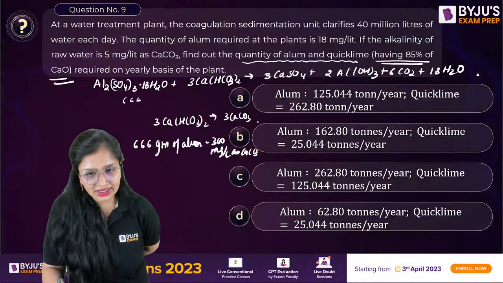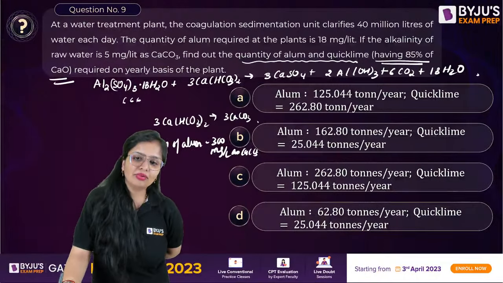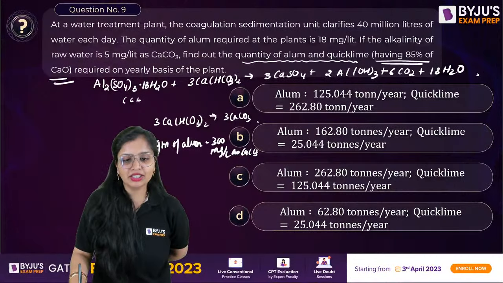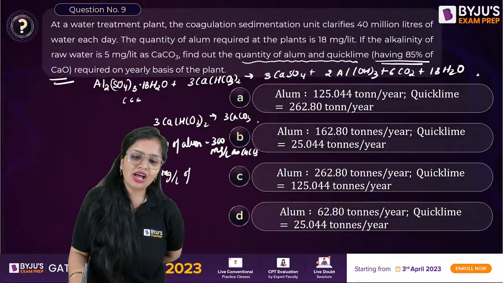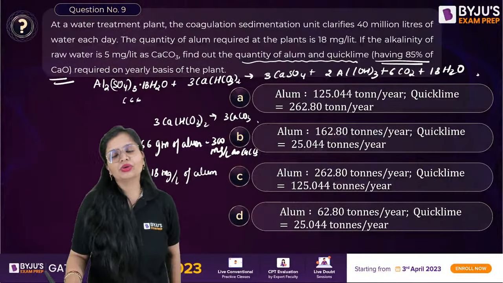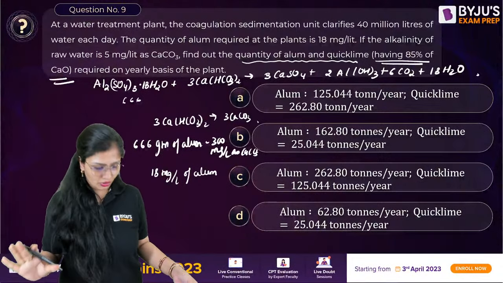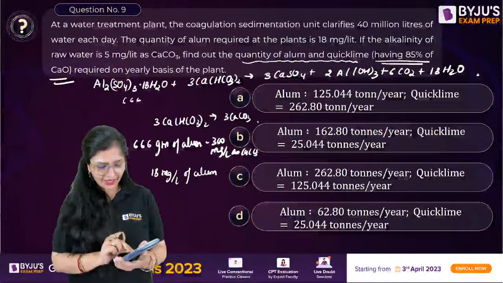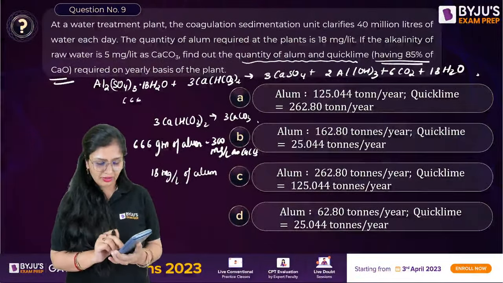In the question, the quantity of alum required at the plant is 18 mg per liter. So for 18 mg per liter of alum, how much alkalinity is required? You can calculate directly: 18 into 300 divided by 666.